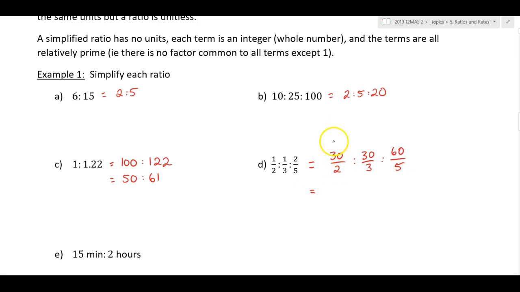So 30 divided by 2 is 15, 30 divided by 3 is 10, 60 divided by 5 is 12. Is there anything that goes into each of those? Well, 15 is 3 times 5. 10 is 2 times 5. So far we've got a common factor of 5. But 12 is 2 times 2 times 3. So there are no common factors there. 15, 10 and 12 are relatively prime. So there's our simplified ratio.